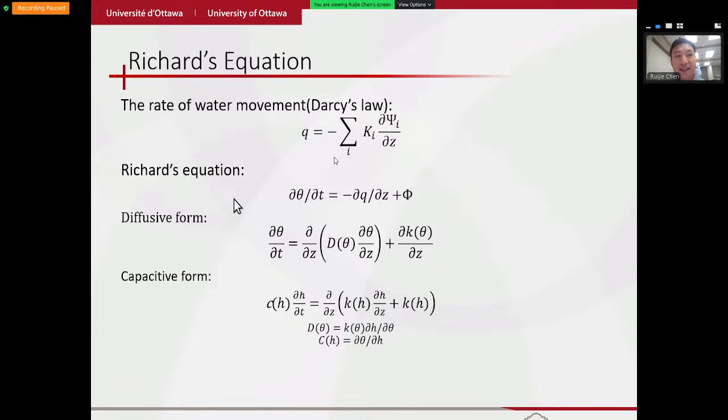Combining Darcy's law with the continuity equation, we can obtain the Richards equation. And the Richards equation can be formulated in diffusive form and capacitive form. In diffusive form, D theta is the diffusivity, and in capacitive form, C h is the water content capacity.